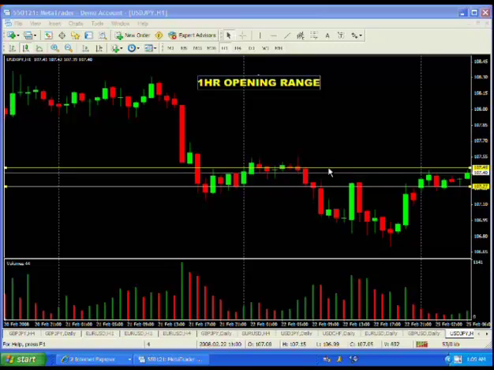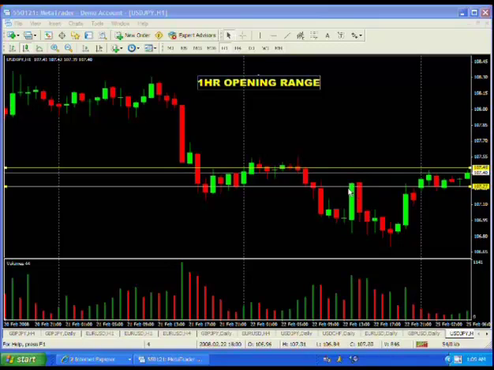And in this particular example, we see that we get our close below the opening range, and the very next bar takes a nice little dive down. When we look at the pullback up, where did price stop? It stopped at approximately the low of the opening range.